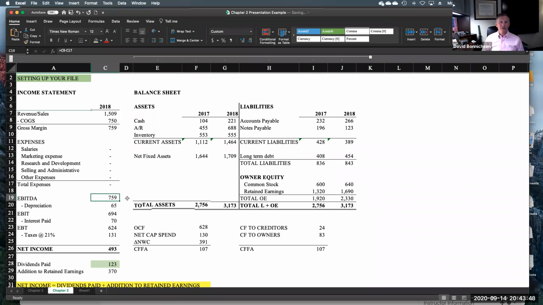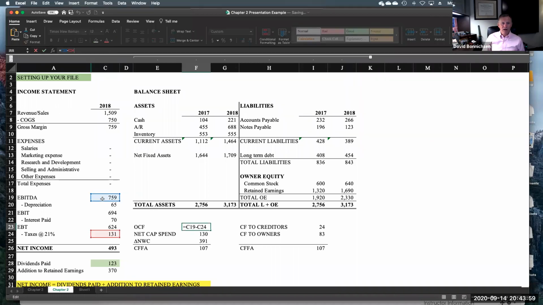That's what EBITDA essentially means. So we've got our EBITDA minus the taxes that we have to pay, because that's a cash item. So operating cash flow is EBITDA minus taxes. Or as the text likes to do it, you could do it alternatively by taking EBIT, adding back the non-cash depreciation, which is essentially EBITDA, minus taxes.